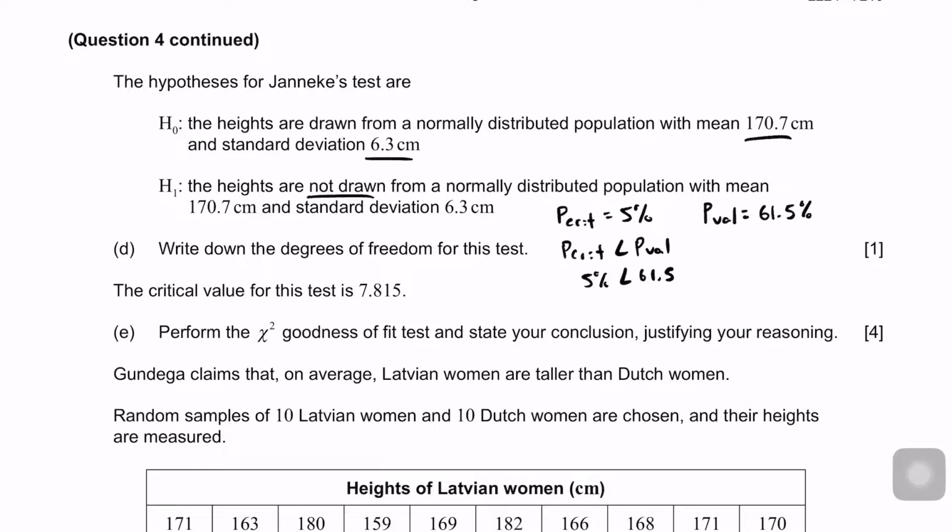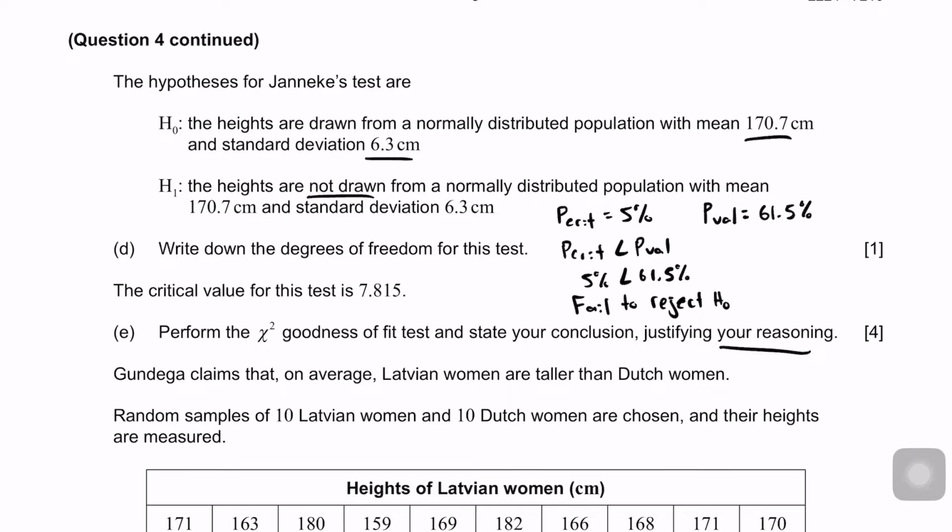In this case, the p-value is quite high, so we would fail to reject H0. So we fail to reject. That would be our conclusion, and this would be us justifying our reasoning. Okay, so fail to reject the null hypothesis.